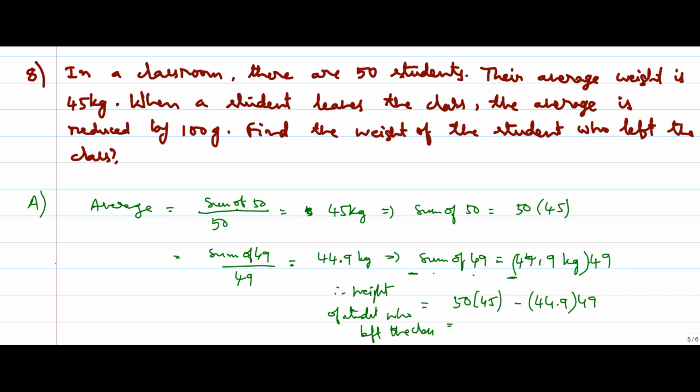Let me do it here. 50 into 45 is 2250. And 44.9 into 49: 9 9s are 81, 9 4s are 36, 36 and 8 is 44, again 9 4s are 36 and 4 is 40.